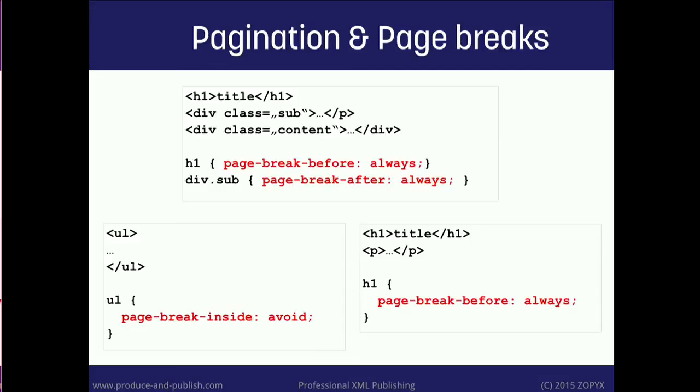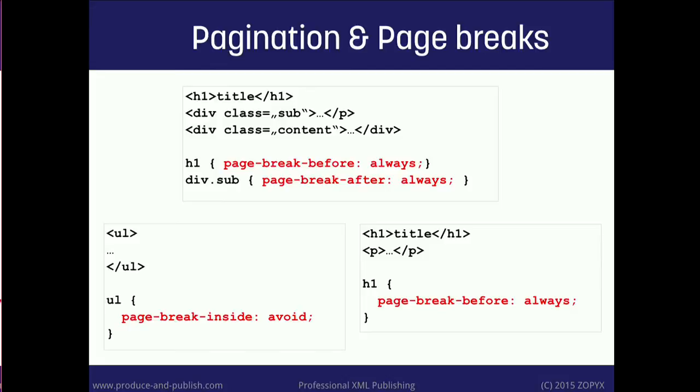The same could be done, for example, if you imagine you have the title and the subtitle, and want a page break after this, before the main content: you would inject page-break-after: always into your CSS rule. It would generate the title, the subtitle, and then on the new page you would see the content.